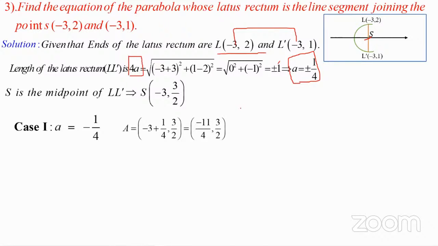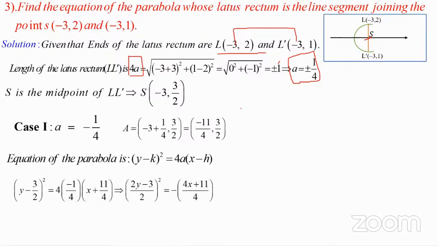If a value is plus 1 by 4, I will get the other equation. So that is h plus a comma k. Then y minus k whole square equal to 4a of x minus h. I am taking it like that. So what is the vertex? It is minus 11 by 4 comma 3 by 2.